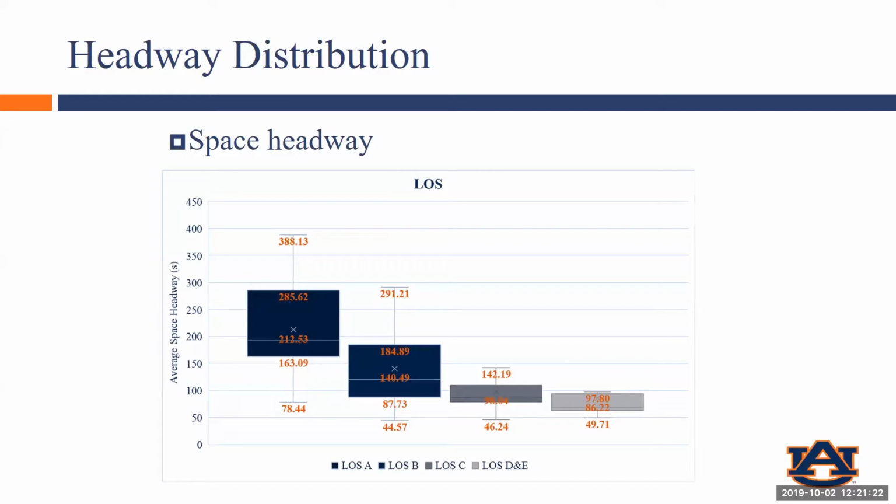Same thing for the space headway: we looked at different levels of service, and we found that for level of service D and E, the space headway is the smallest, about 86 feet on average.